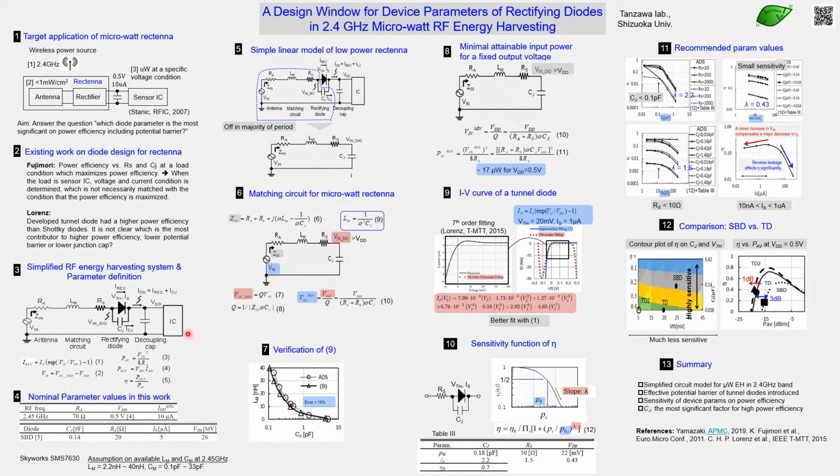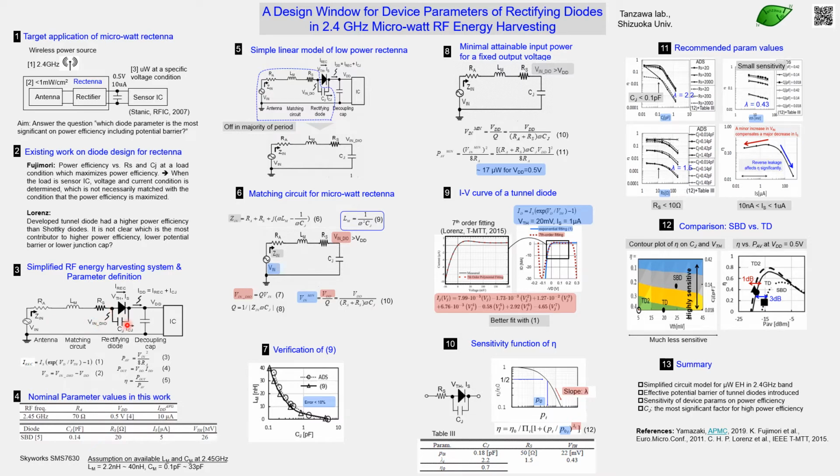This is the simplified RF energy harvesting system and parameter definition: antenna, matching circuit, rectifier diode and decoupling capacitor, and load IC. The antenna is modeled by a voltage source and real part array impedance, and Z-in is defined as the impedance that the voltage source sees.